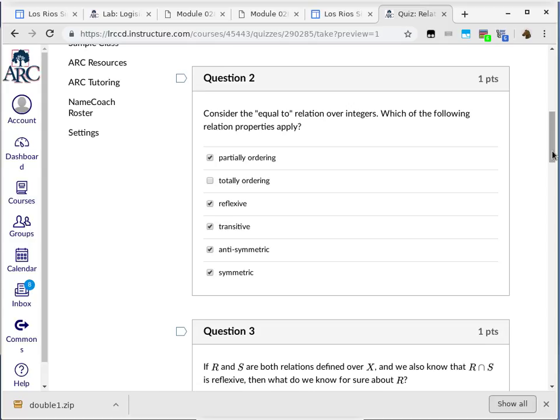For every way to pick out two elements over the set, A R B or B R A. So it has to be one or the other. Every two elements have to be related, but it can be in either direction.